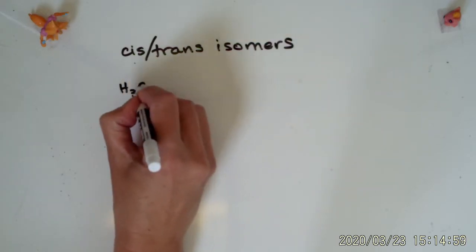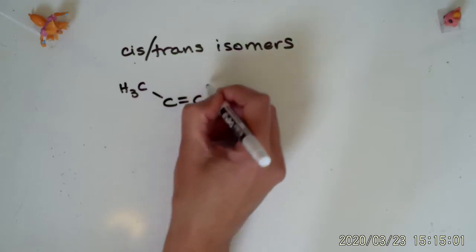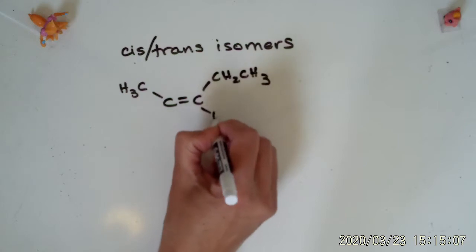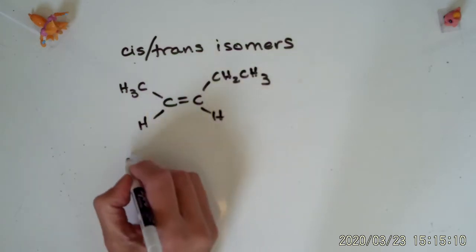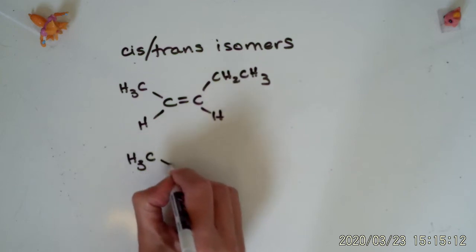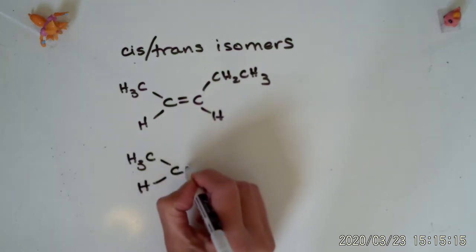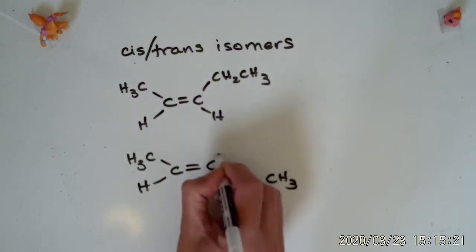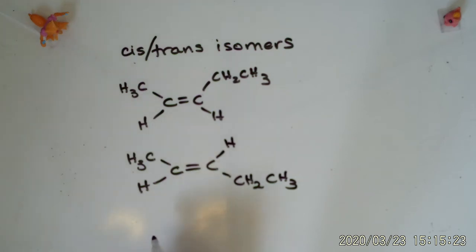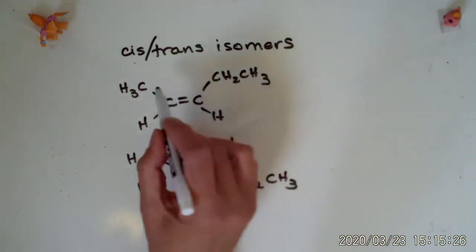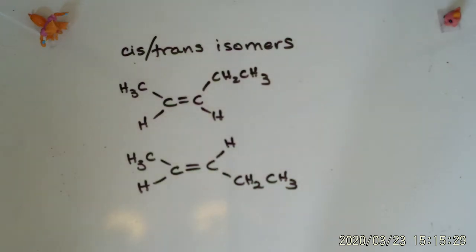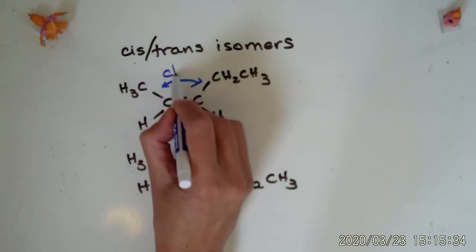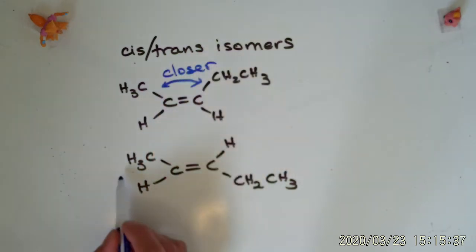If we look at cis-2-butene versus trans-2-butene, you can see that the groups here are closer than the groups here.